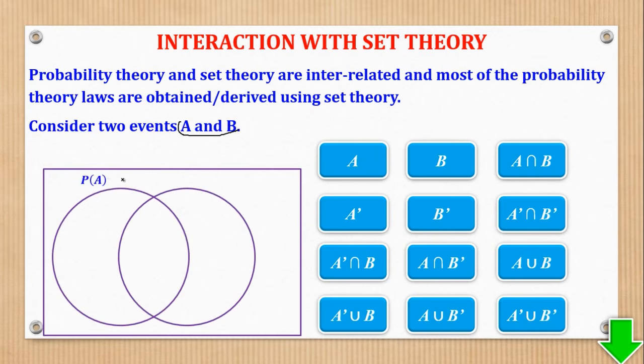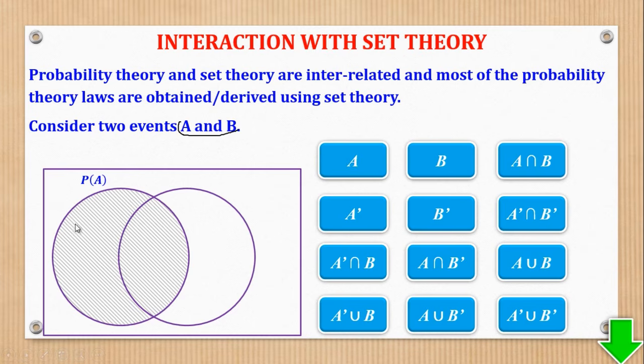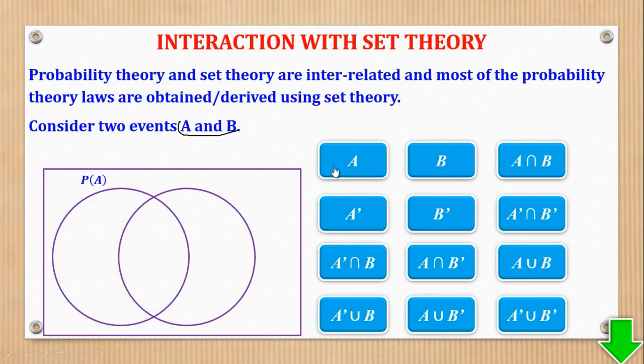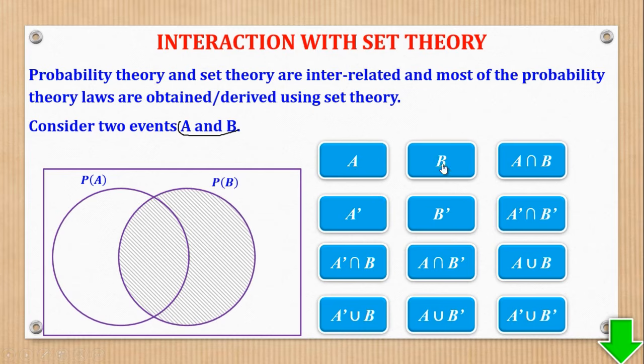So first we shall have probability of A. Now probability of A, it takes entirely those ones, the whole of this which is shaded. Then probability of B, it takes the whole of that.